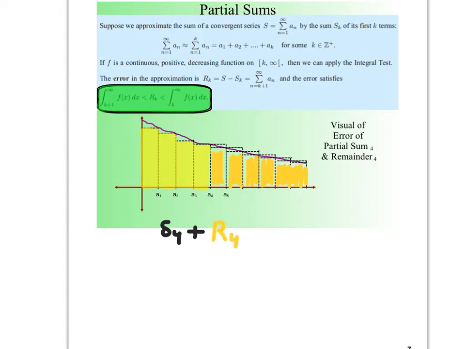What's left over, or how far off from the actual sum we are. So let me erase that, and now I want to do a representation of that. This purple line that you see here, this represents the integral of that series, that sequence turned into a function. Right, so that is the representation of the integral.